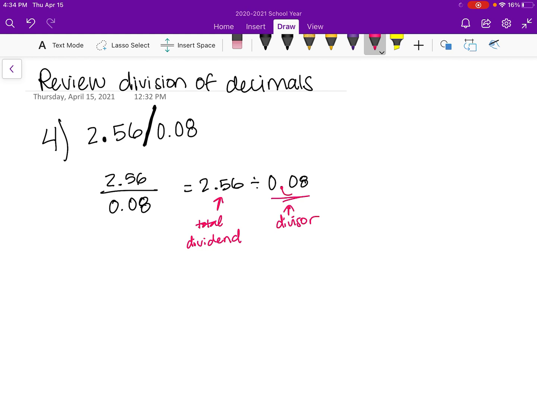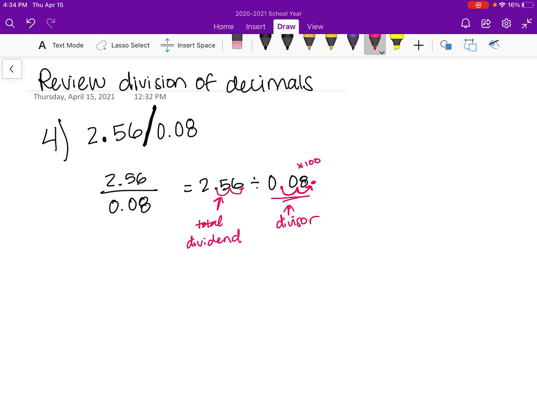So what I'm going to do is move the decimal 2 places to the right, after the 8, and after any of the numbers in our problem. But really what I'm doing there is multiplying our divisor by 100, which moves the decimal 2 places to the right. If I do that to our divisor, I must do that to the dividend.